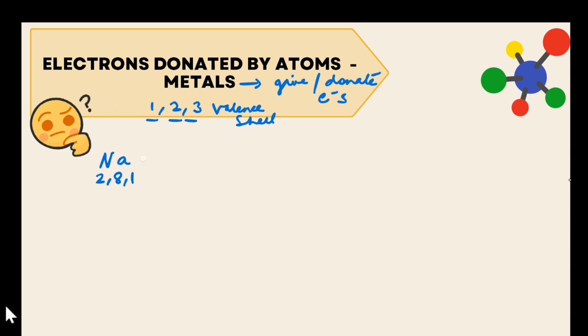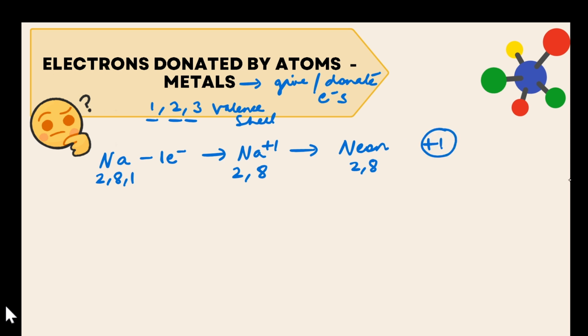Because it has one extra electron in its valence shell, it will give away that one electron to form a positively charged cation, and its configuration will change to 2,8, which is that of the nearest noble gas, neon. Neon has the electronic configuration of 2,8, and because it is giving one electron, its valency will be +1. So what will be the valency of sodium? +1, because it is giving away that one extra electron.